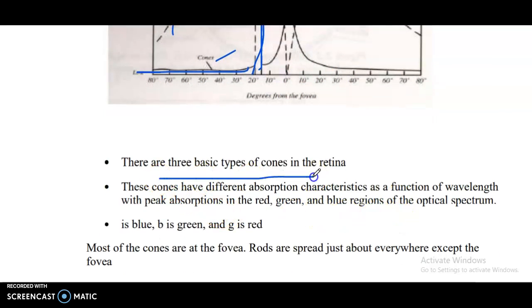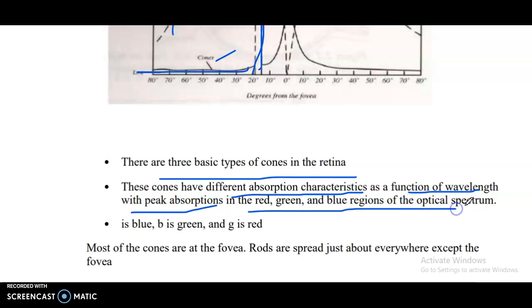There are three basic types of cones in the retina. These cones have different absorption characteristics as a function of wavelength, with peak absorptions in the red, green and blue regions of the optical spectrum.